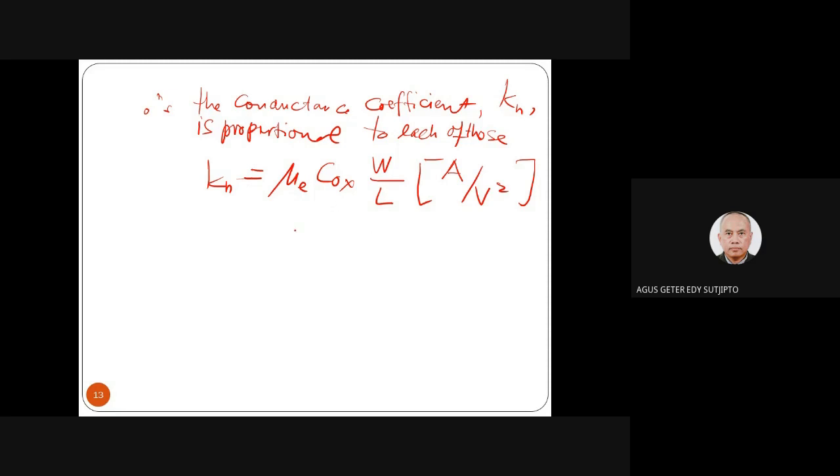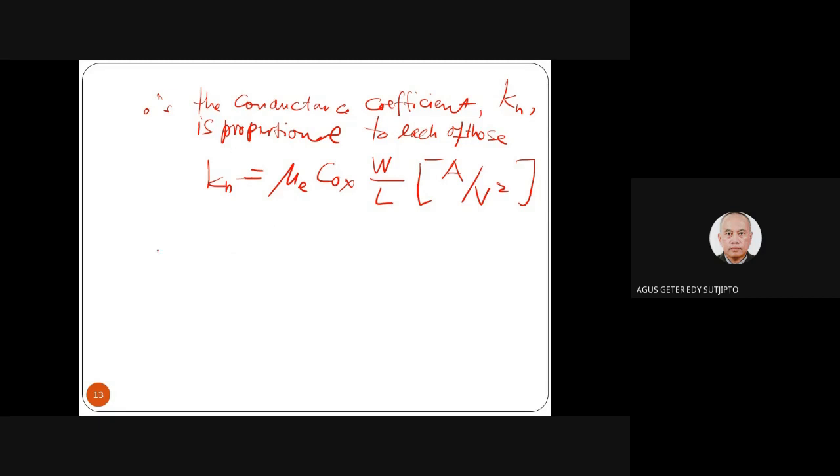These are constants. So Kn as a conductance coefficient is constant as well, dependent on the material.